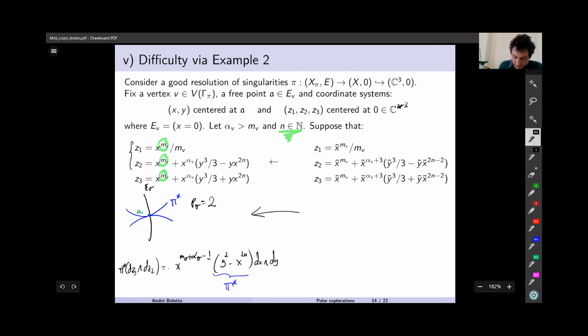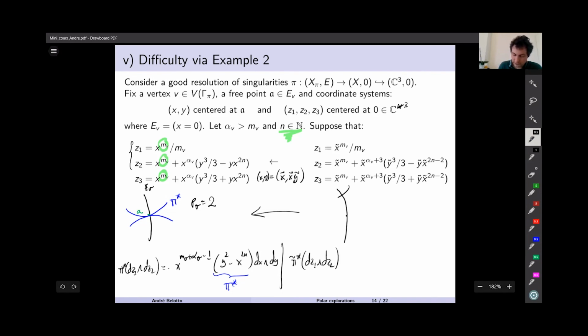And now we make the blowing up just as before, and we might once again compute the transform of the polar curve. So in here, we're going to take the pullback, let's call it P tilde, once again of dz1, dz2.